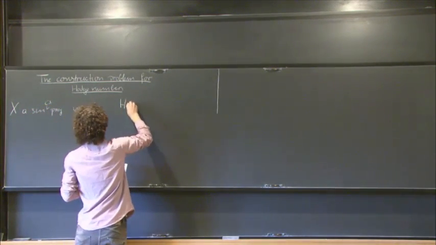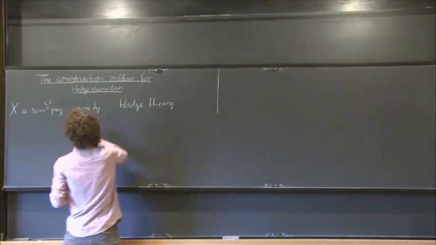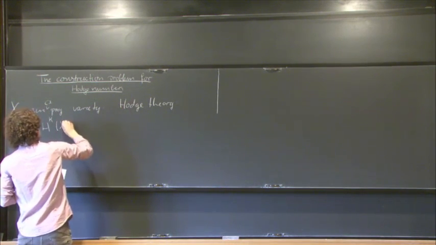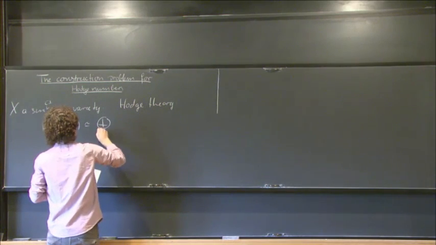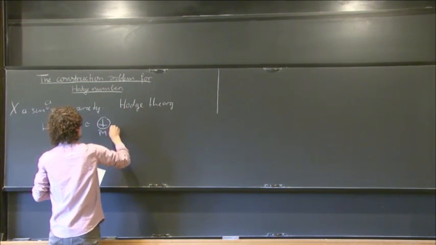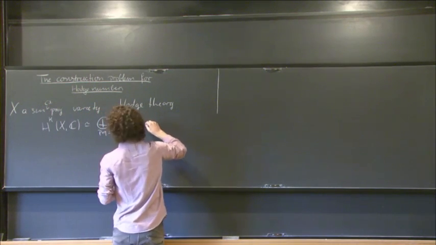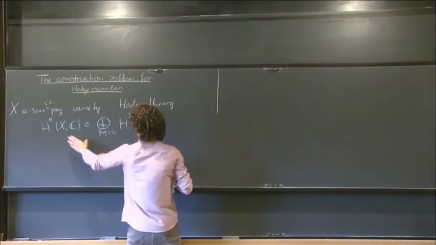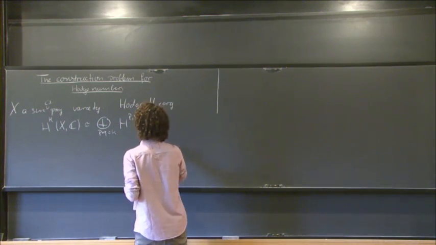Well, then Hodge theory yields a decomposition of its cohomology groups into the pq pieces. If you think of this as the de Rham cohomology, then H^{p,q} is the subspace that is represented by (p,q)-forms.